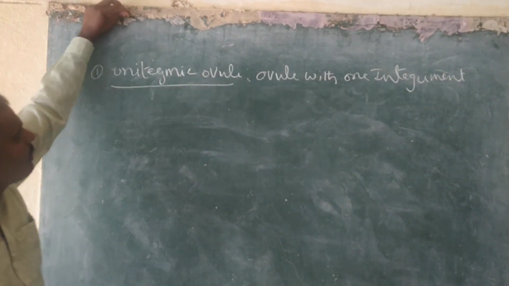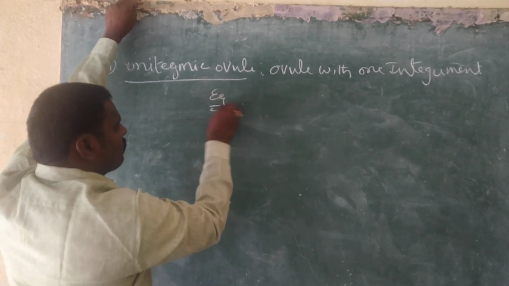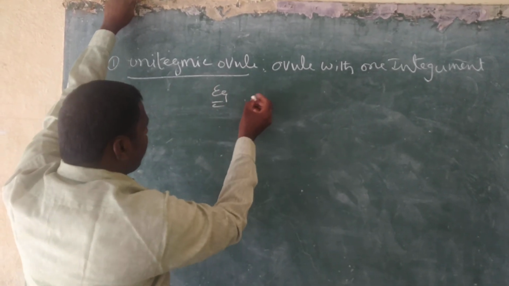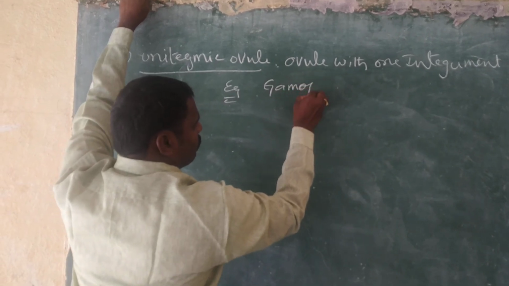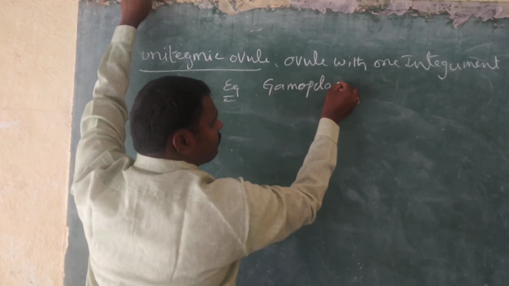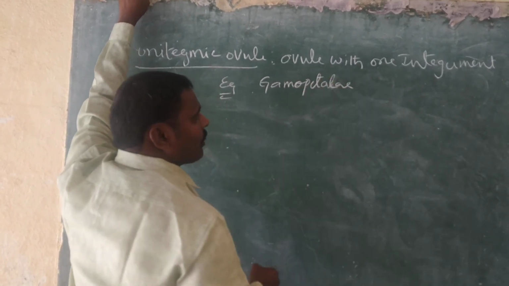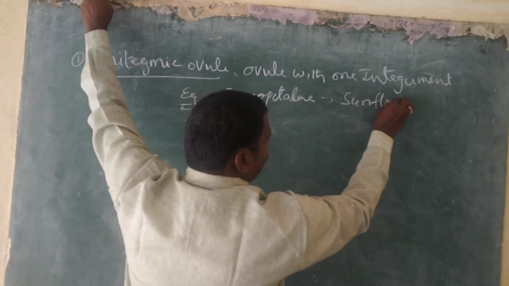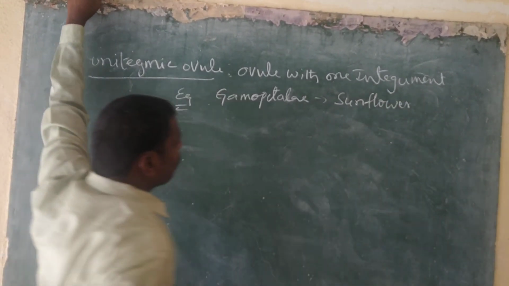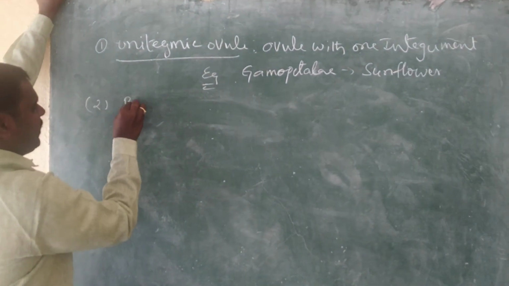Ovule with one integument, those are called unitegmic ovules. Examples: we can find unitegmic ovules in gamopetale members. For example, sunflower. Sunflower comes under gamopetale.